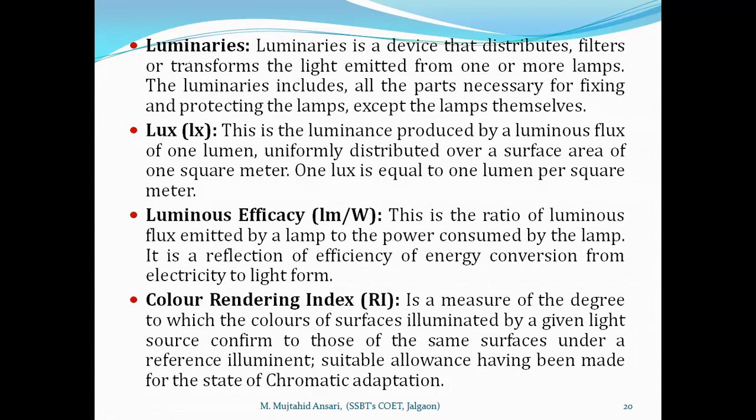If it is 80%, the meaning is that the color of the object in the natural daylight and the color of the same object under the given light source is different, and that color is 20% different. So the closeness of appearance of any object in the natural daylight and given light source is called the color rendering index.